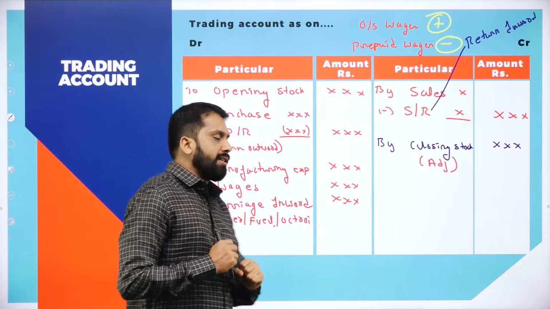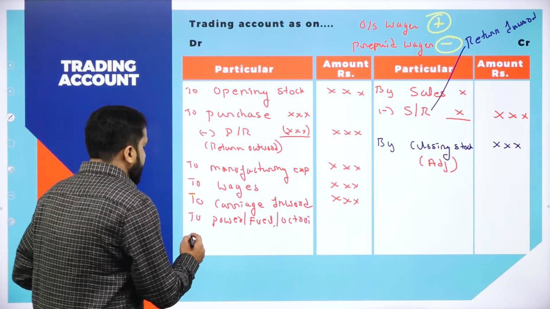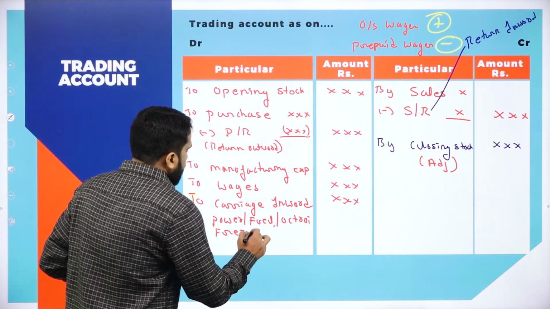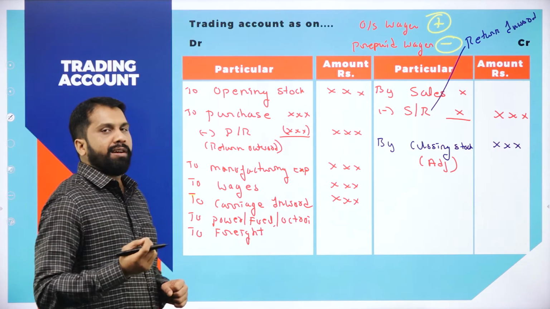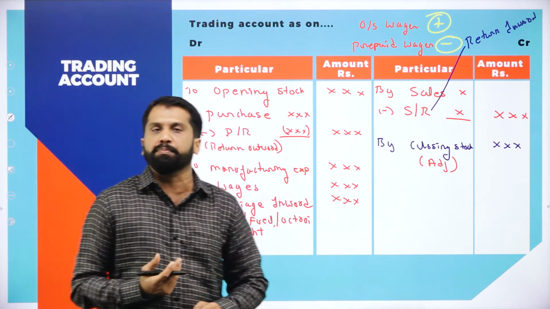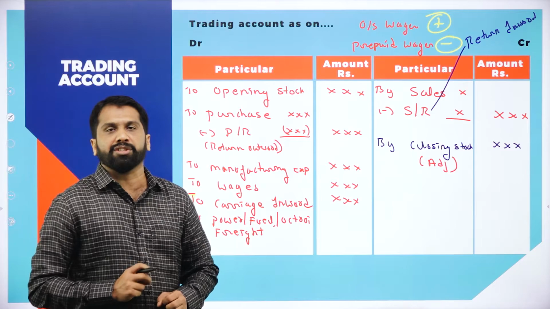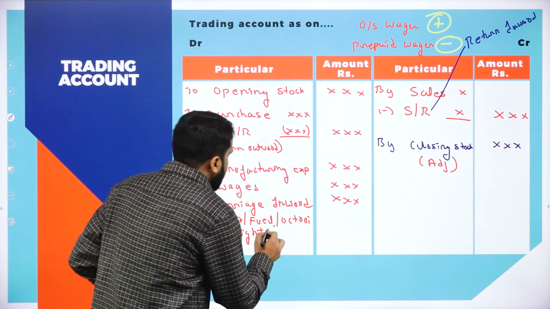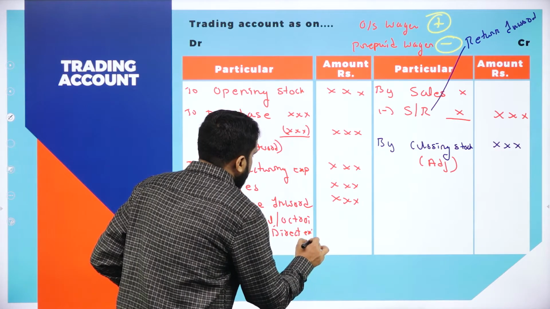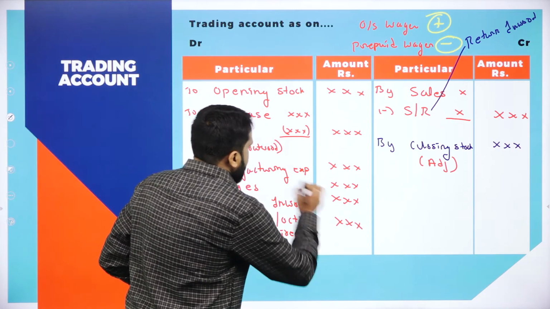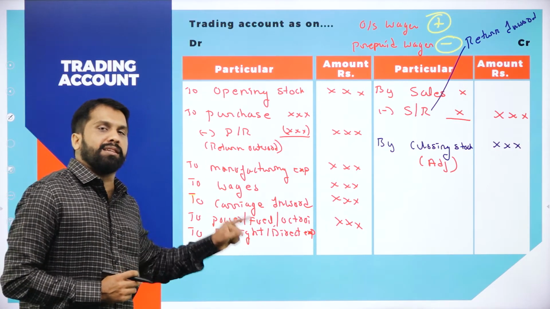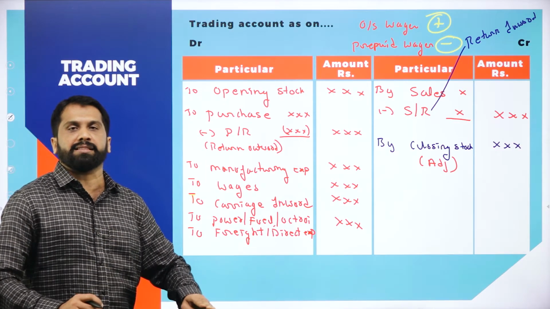Along with this, you may get freight. Freight is also a part of transportation. Normally you may get freight charges in your question paper, if there are any direct expenses. So these are your debit side items. Other than this, you will not get anything.